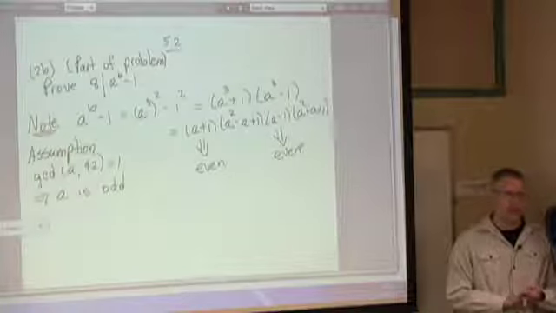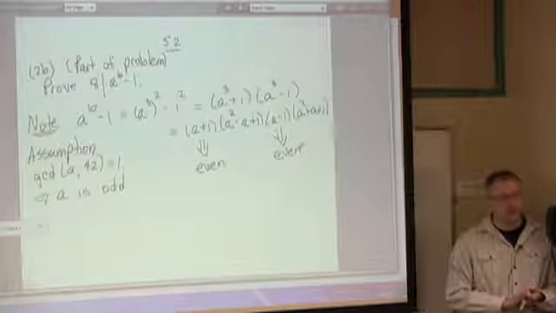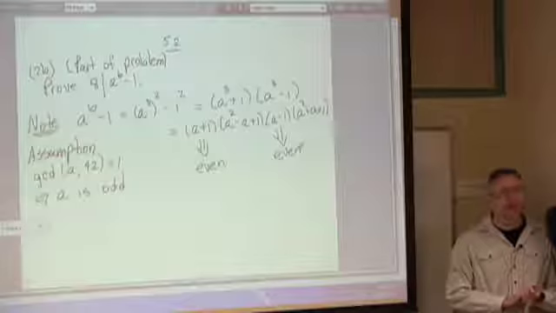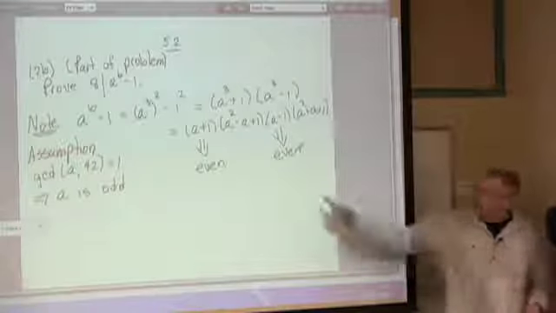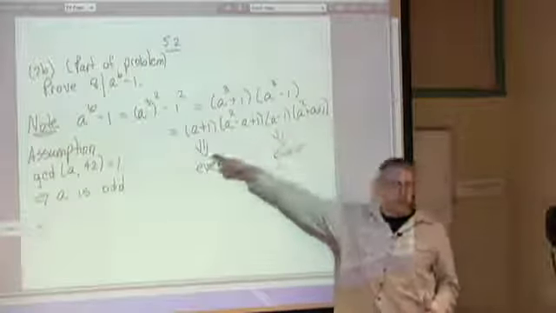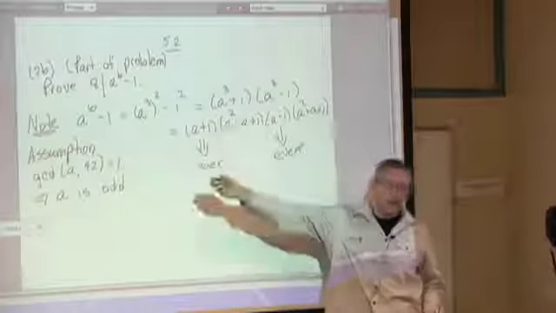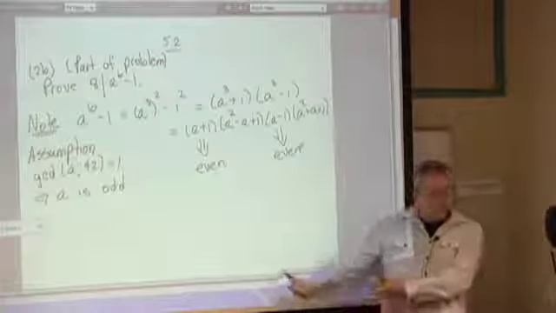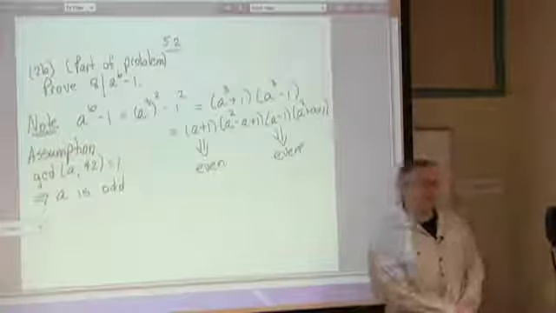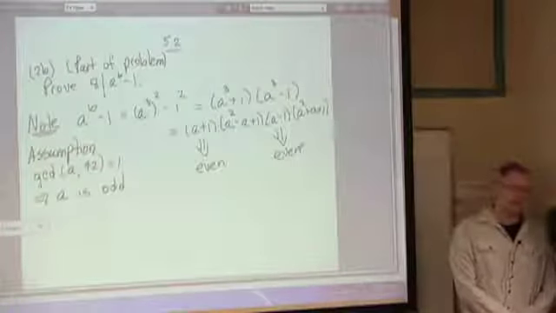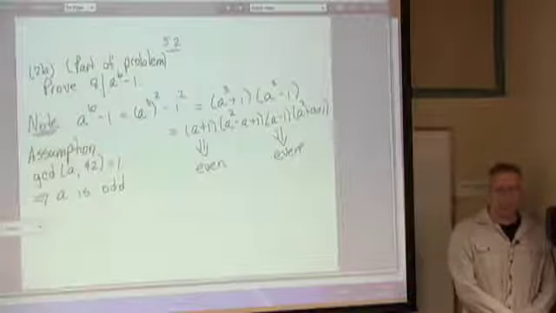So why did you pull out that 8? Because you're trying to prove that 8 divides A to the 6 minus 1. Don't forget what we're trying to prove. So one of these guys is divisible by 4, the other by 2. So we've got a 4K and say a 2L, so now we can pull an 8 out, so 8 divides the whole thing. Right? Does that make sense? Okay.